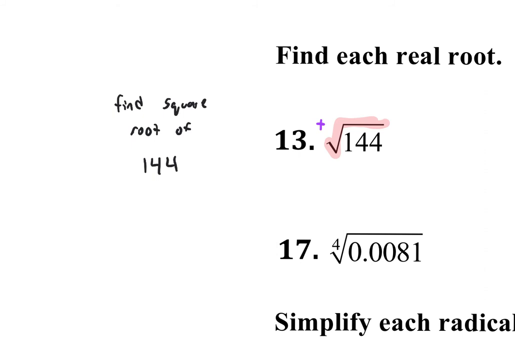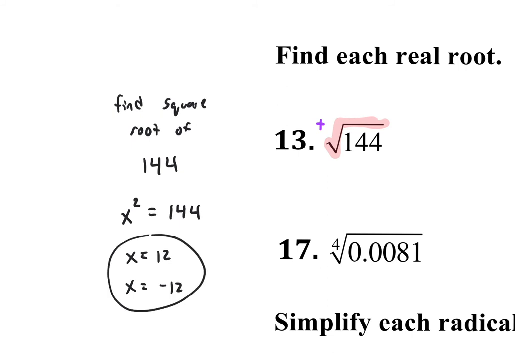This means, what number or numbers work. So there are two possibilities. One possibility is x can be positive 12, and the other is x is negative 12. So here are my two results.